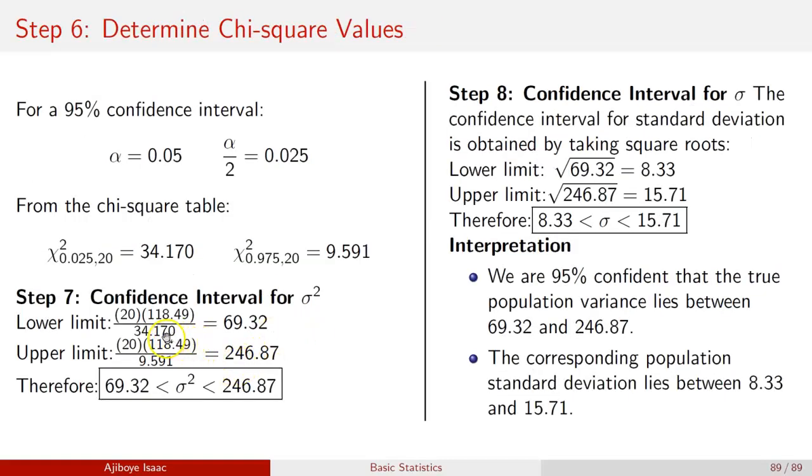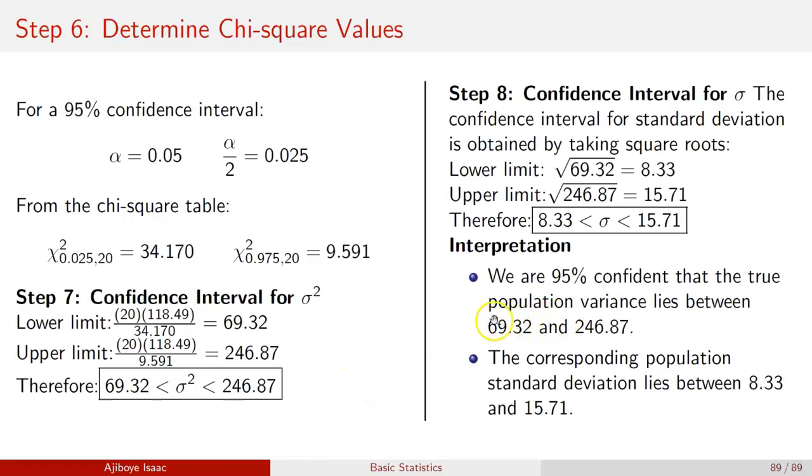So if we substitute the values that we have computed, 20 times the sample variance 118.49 divided by the chi-square value, this will give us 69.32 for lower limit and 246.87 for upper limit. Therefore, our confidence interval is 69.32, 246.87.